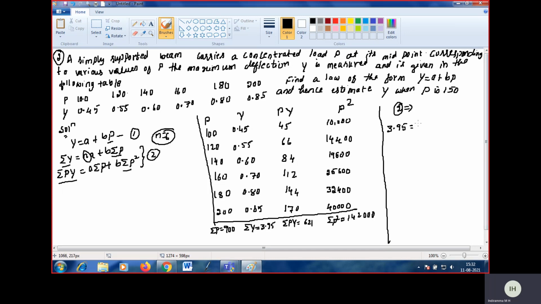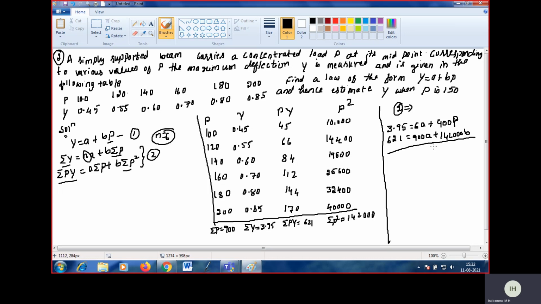So 6 into A plus B into 900. Next, summation of Py is 621 is equal to summation of P, 900, into A plus summation of P square, 1,42,000, into B.